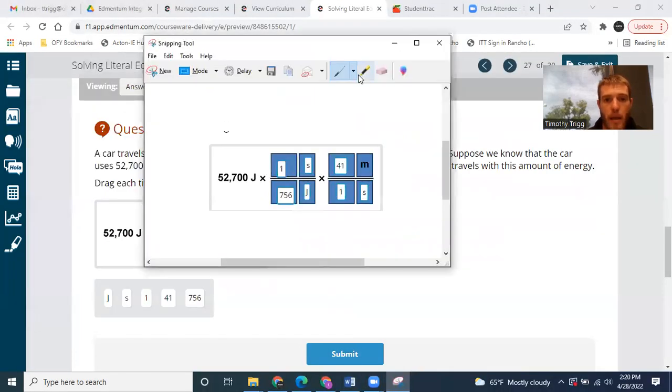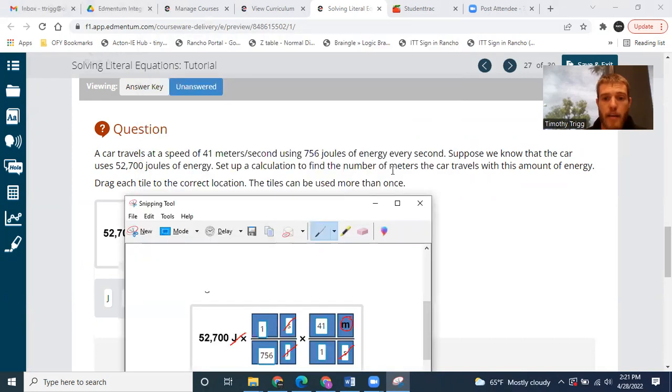So here's our setup. And I hope you can see that this J would cancel with this J. This S cancels with this S, leaving us with just meters, which is what we want. We want our answer in meters because it says how much distance does it travel, right? Find the number of meters the car can travel, right?